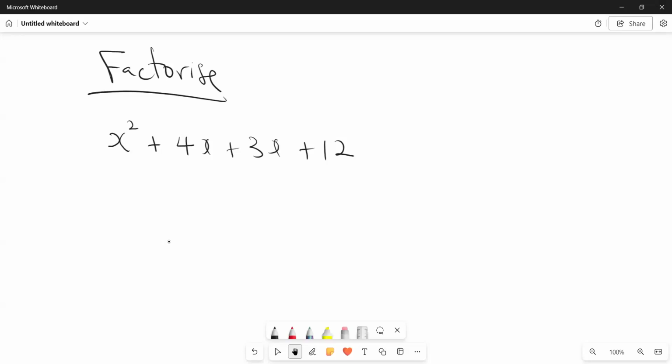Again, you see there's no common factor throughout. However, if you group them, you get this. X squared plus 4x plus 3x plus 12. Can you zoom out a little?